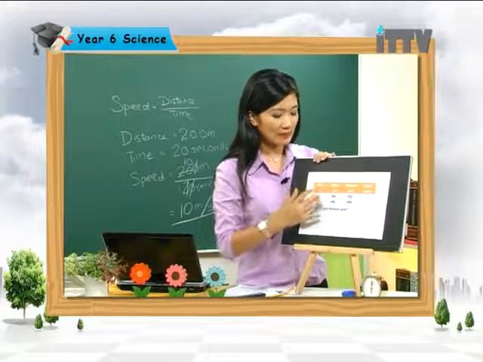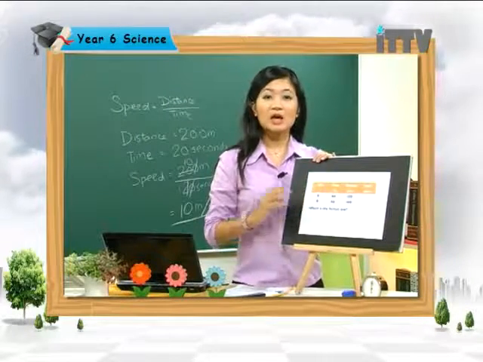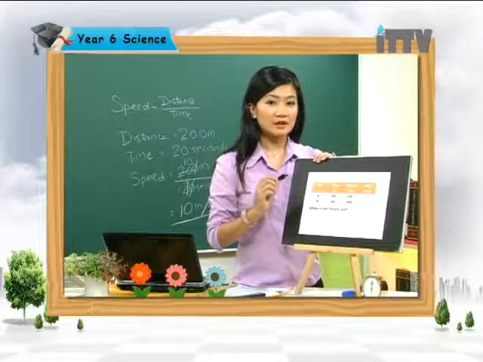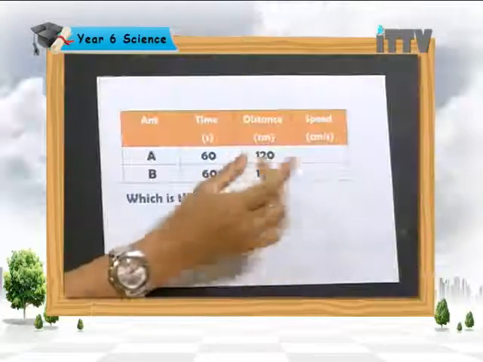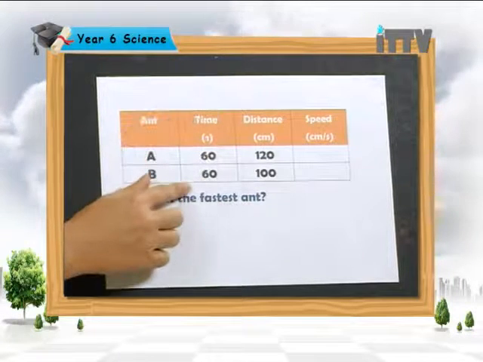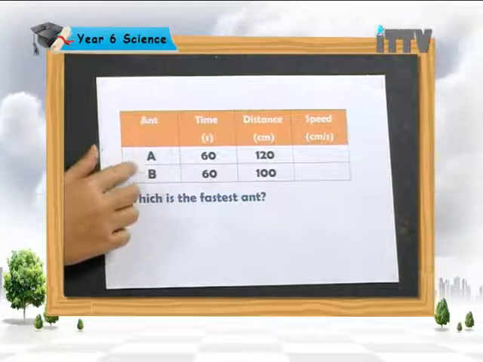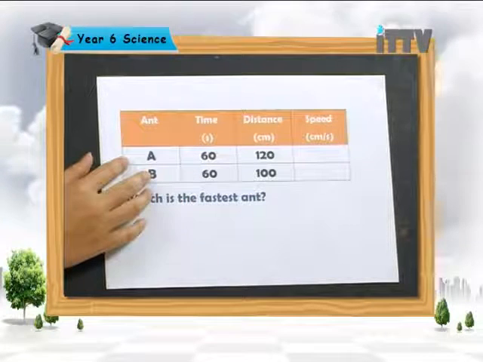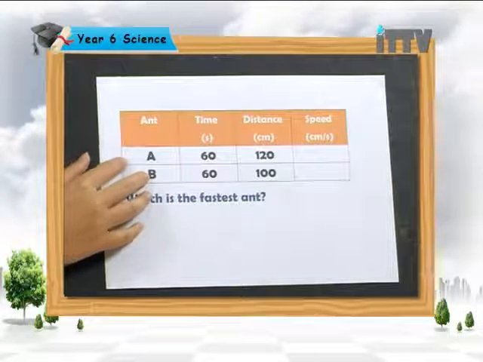Well, boys and girls, you can actually choose whether to calculate the speed or you can actually just see it easily from this table. We know that a faster object travels a longer distance in a given time. So the time is kept the same. Both ants, ant A and ant B, are given 60 seconds to travel.